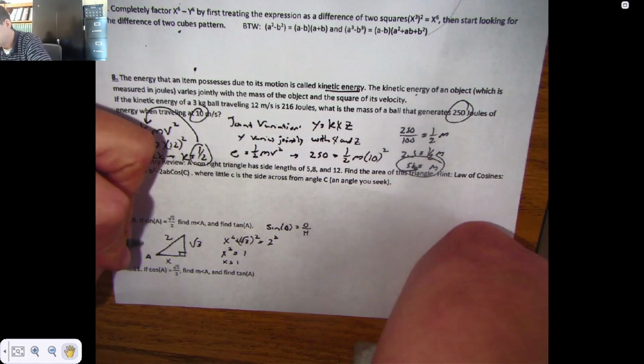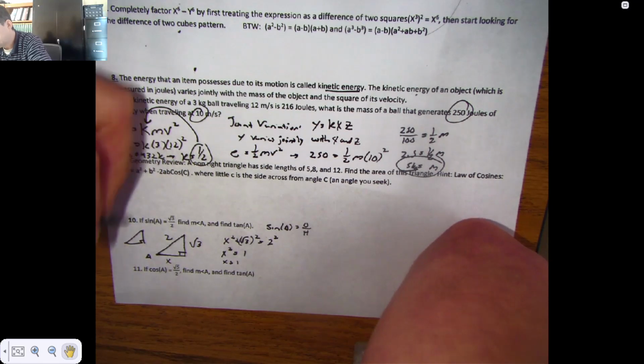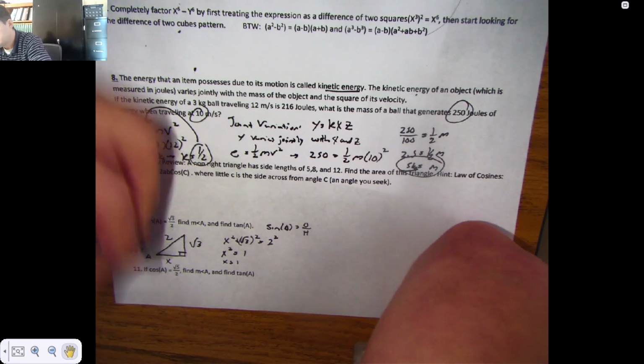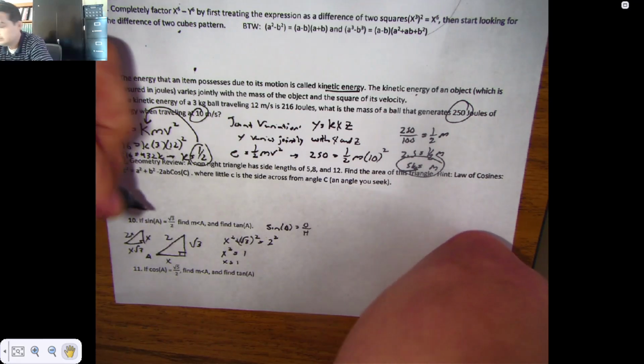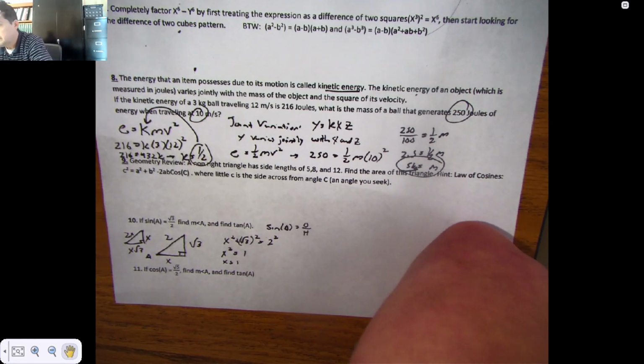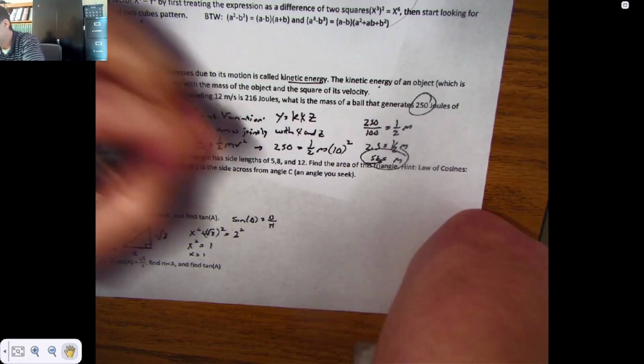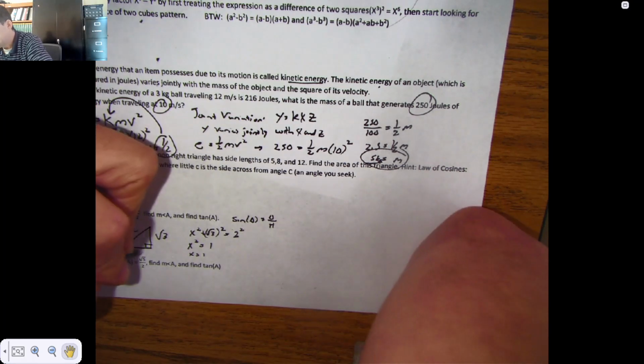This, by the way, is a 30, 60, 90 pattern. 30, 60, 90 pattern was x, 2x, x√3. This happens to be a 60-degree angle. But anyways, you probably don't know that because you guys think you were good at geometry. No, you weren't. No offense. But this ended up being a 1.